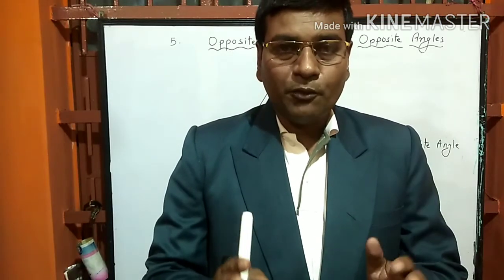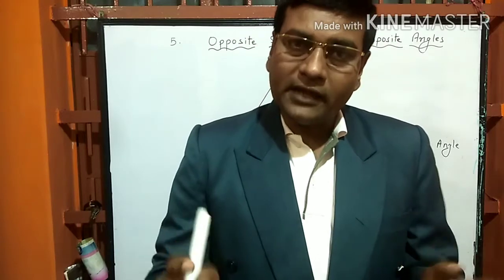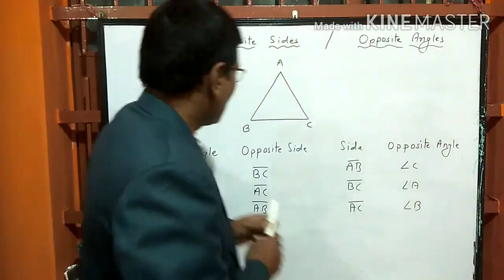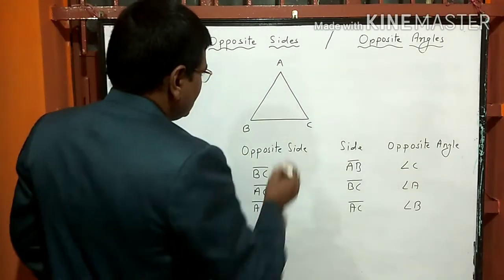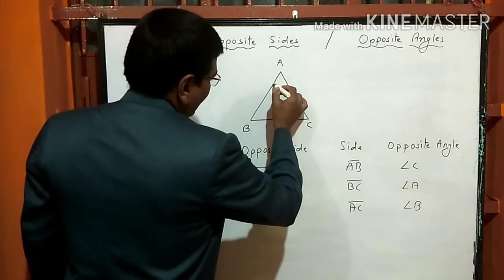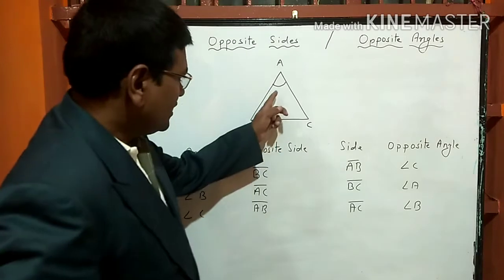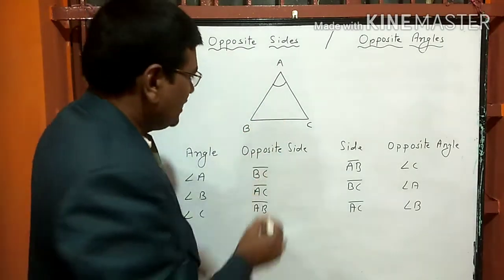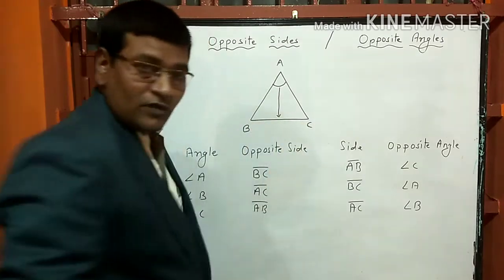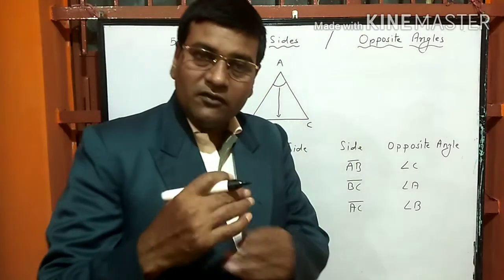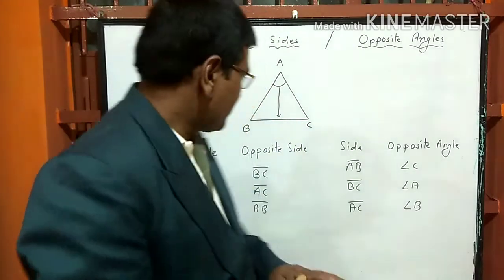Next point is opposite sides and opposite angles. Let's see. This is a triangle ABC. Suppose this is angle A. Its opposite side is BC. Opposite means just in front of the angle.